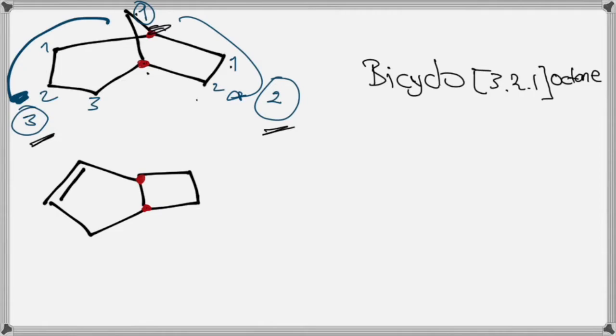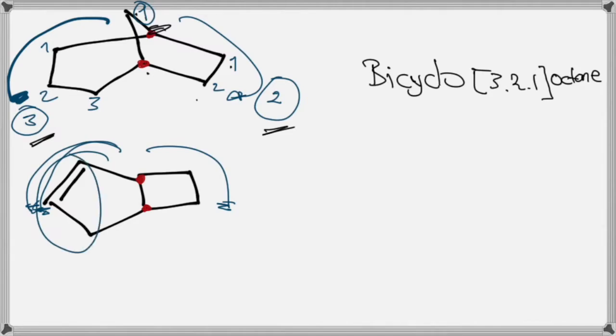So in this case, how are we going to do that? We're going to do that by going this way, not this way, because here is the biggest ring. So if we go this way, we're going to get 1, 2, 3, 4 here, 5, 6, and 7.